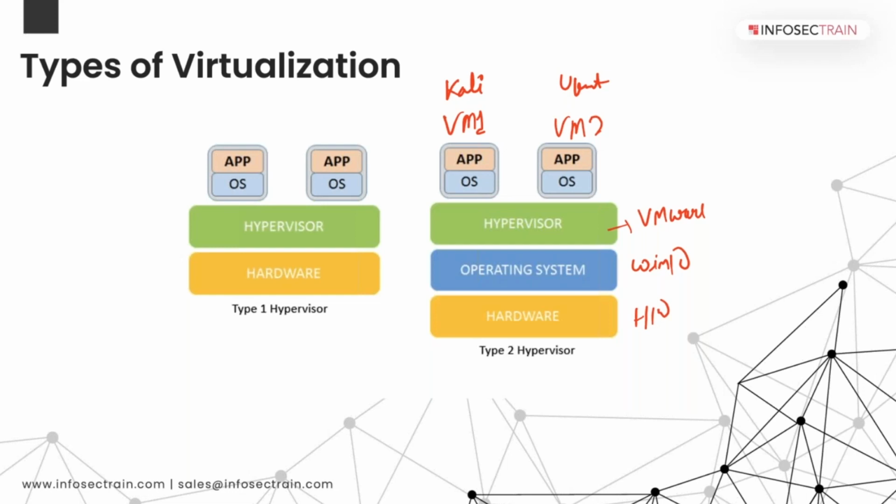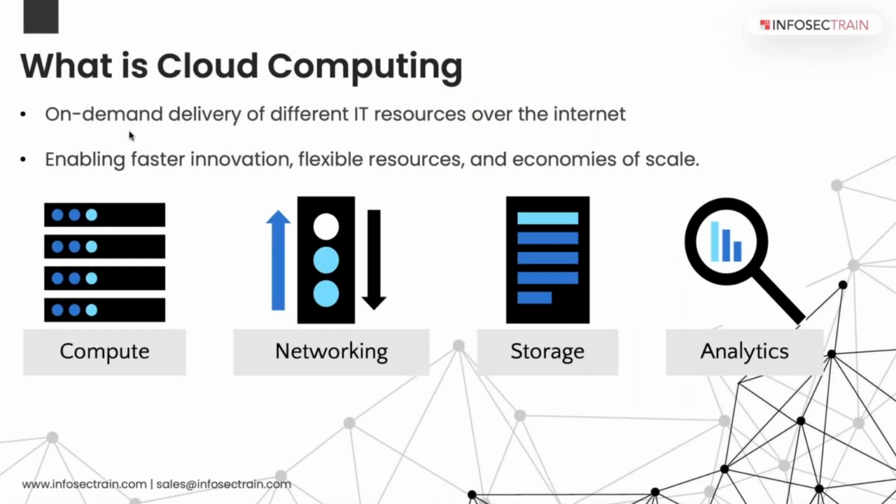Now, as I was telling you, with the help of virtualization we have enabled cloud computing. Cloud computing is, as I was saying, on-demand delivery of different IT resources. You want computing power? Go ahead, create a virtual machine, your EC2 machines. You want a virtual network, create a VNet, VPN, start doing VNet peering, different services over there.